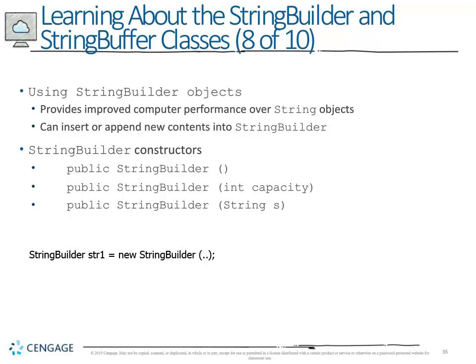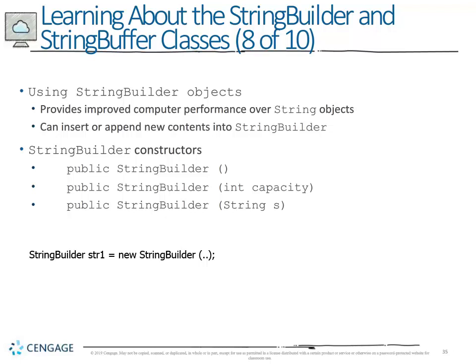StringBuilder with no argument creates an empty StringBuilder with a capacity of 16. That's the default capacity, 16. If we call StringBuilder and pass an integer capacity, it creates an empty StringBuilder with the specified initial capacity.